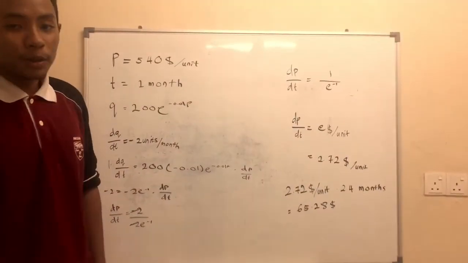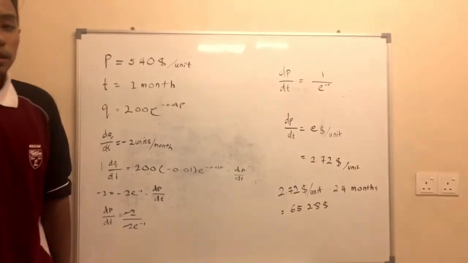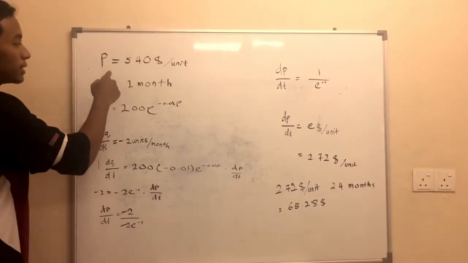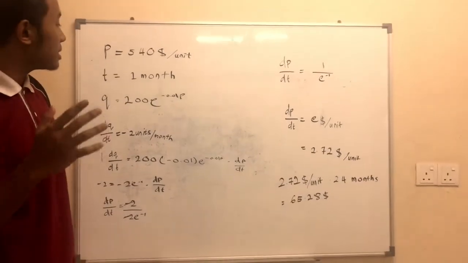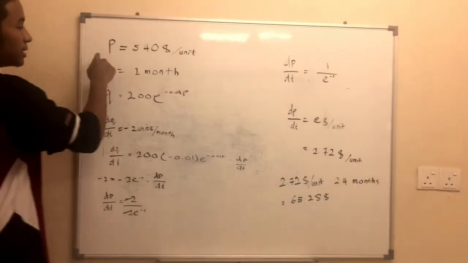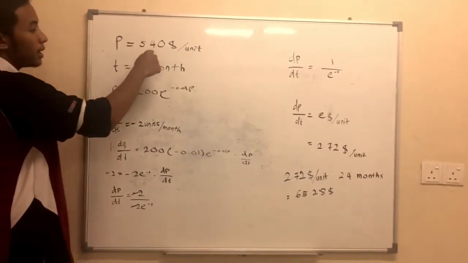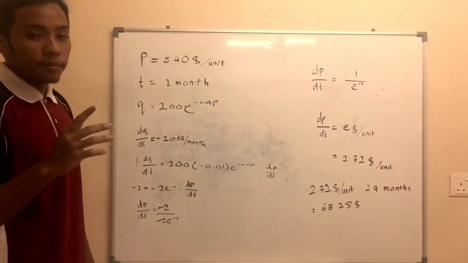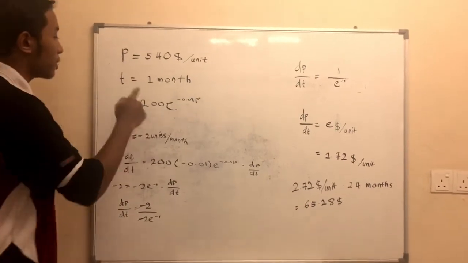Okay, Assalamualaikum warahmatullahi wabarakatuh. Here I will explain the related rates for the price drop of the iPhone 6s. First we state the price, which is $540 per unit. Then we take the time for the price to drop, which is 1 month.